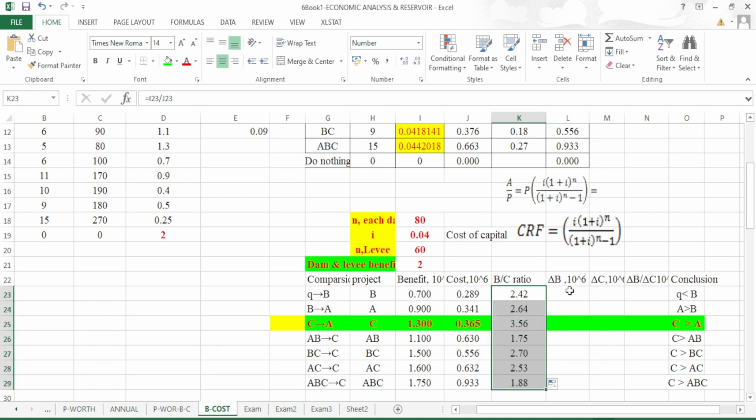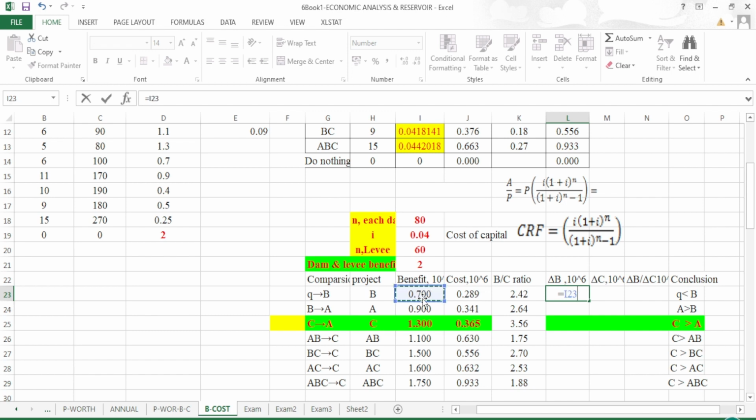Good. Then now we can estimate the change of benefits. First, you take 0.7 here. Then it is easy to estimate the change of benefits by subtracting 0.7 from 0.9 like this.